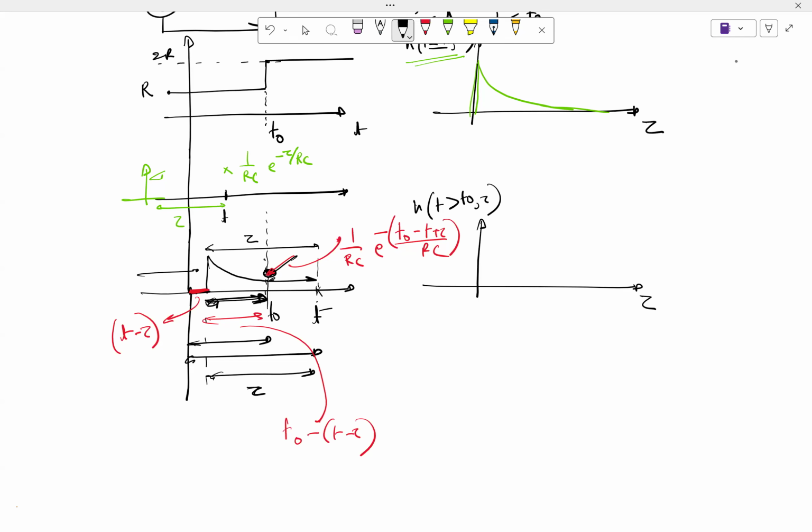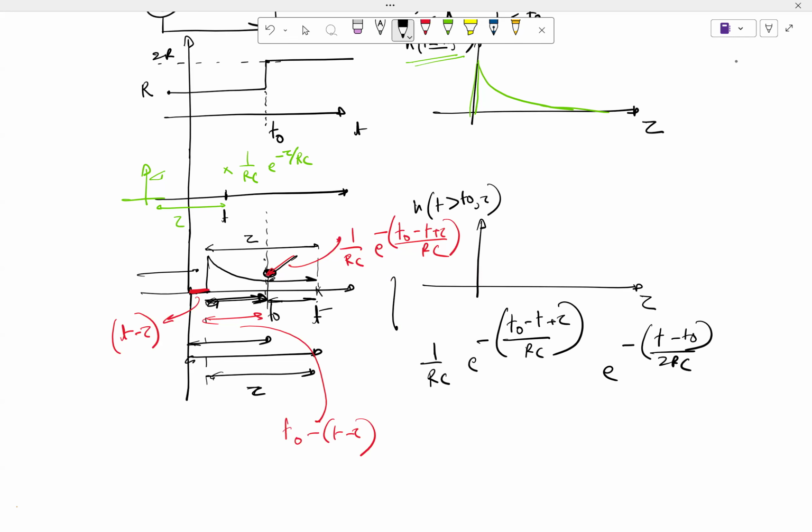So whatever this is, times e to the power minus T minus T naught by 2RC. So essentially I am going to see 1 over RC e power minus (T naught minus tau) over RC, times e power minus (T minus T naught) by 2RC. Correct?